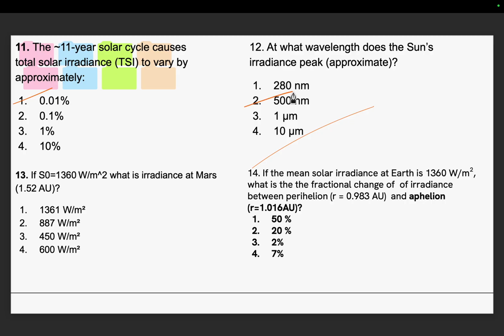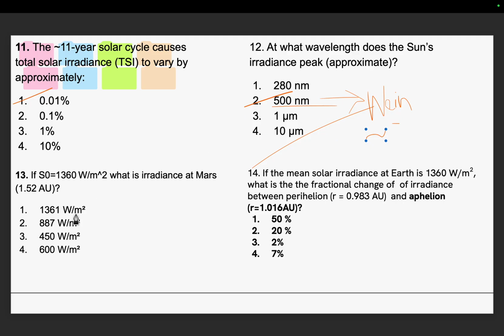So this peak is observed at 500 nanometer. So you have to use Wien's law. About 5000 Kelvin or 6000 Kelvin is the temperature of the Sun's surface. Now if you plug in 6000 Kelvin, then you will get 500 nanometer.